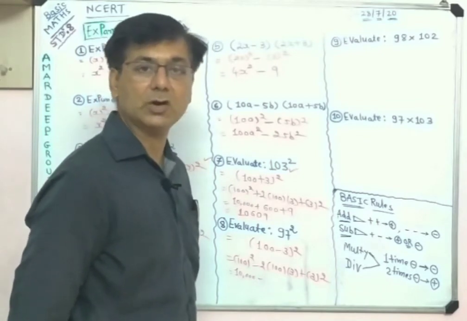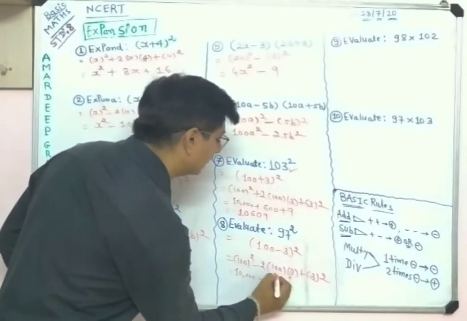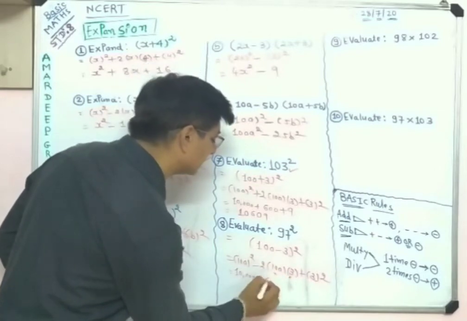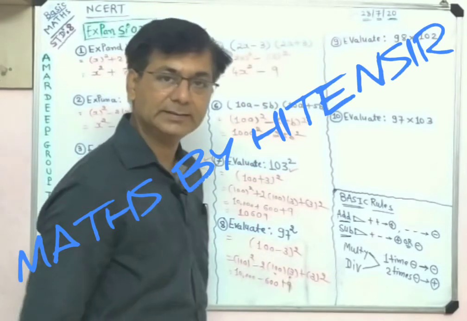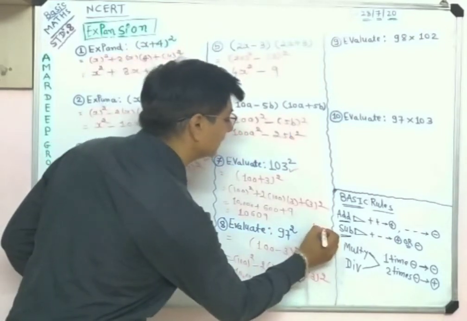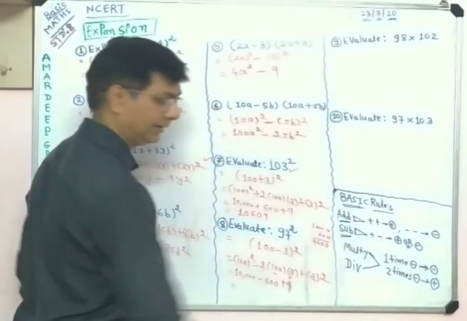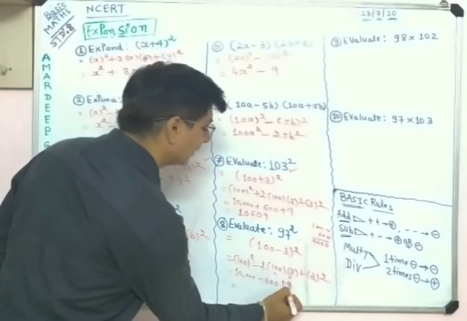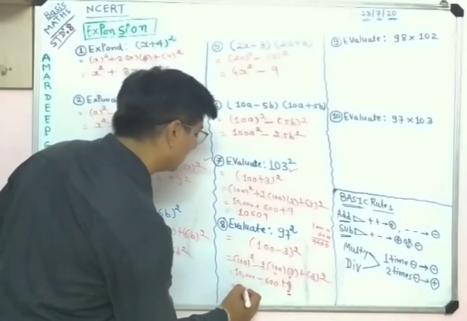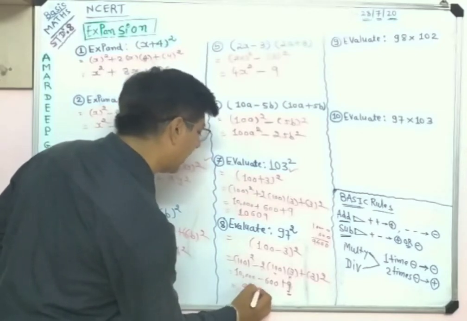All terms are constants, so we have to simplify these terms. 100 times 3 is 300, times 2 is 600, and 3 squared is 9. 10,000 minus 600 is 9,400, and after that we have to add this 9. So we got the answer 9,409.